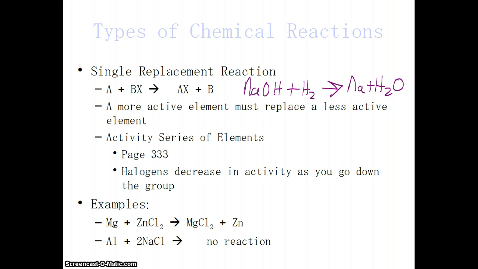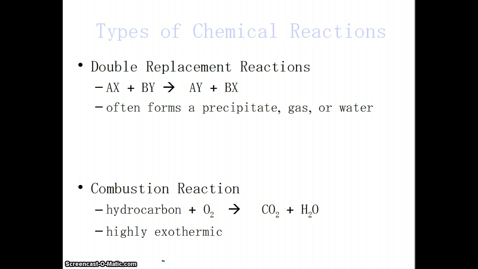There's some examples. Magnesium plus zinc chloride makes magnesium chloride plus zinc. And if we look at this, the magnesium and the zinc merely swapped places. We'll get into what makes a reaction and what doesn't in just a little bit. Alright, so let's do a couple more.